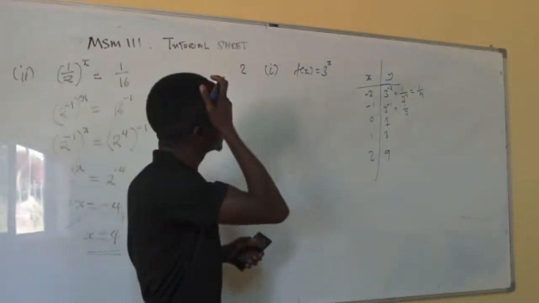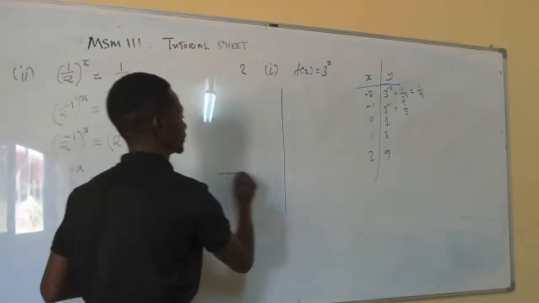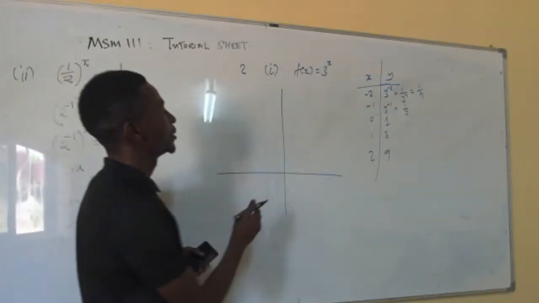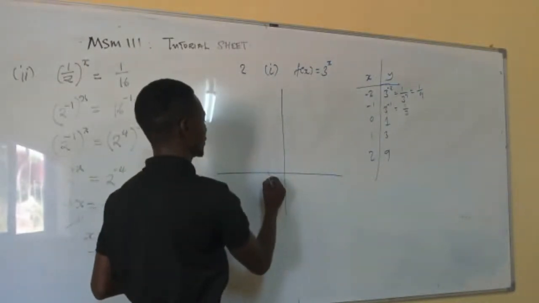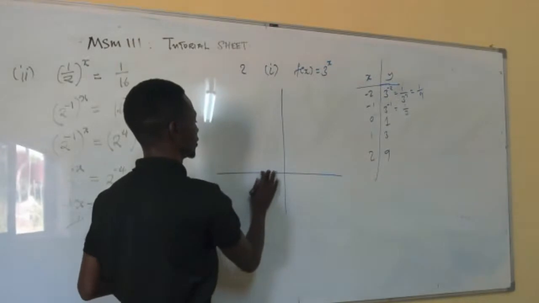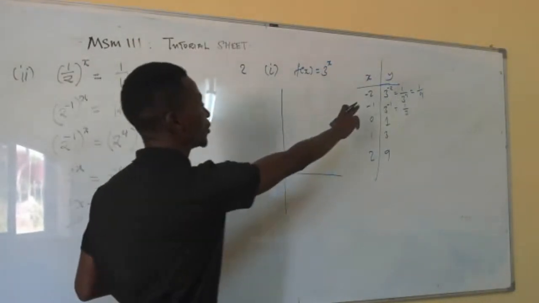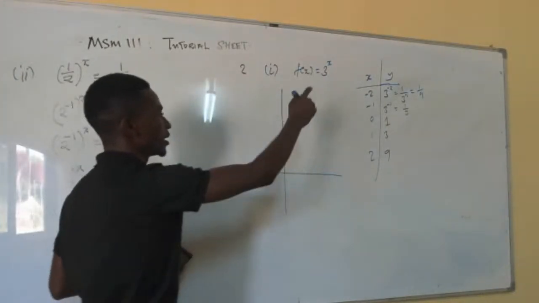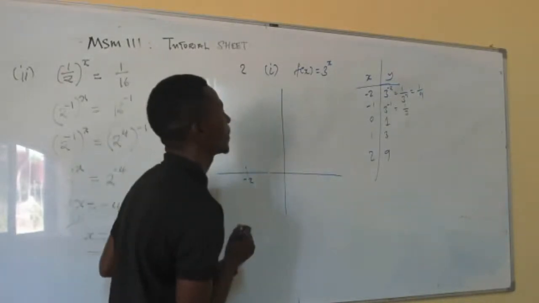Sketching is simple. For x equal to -2, y is 1/9, which is 0.111, so the point is somewhere there.